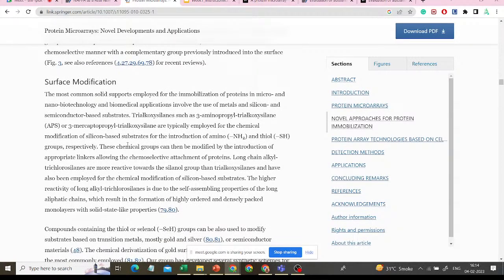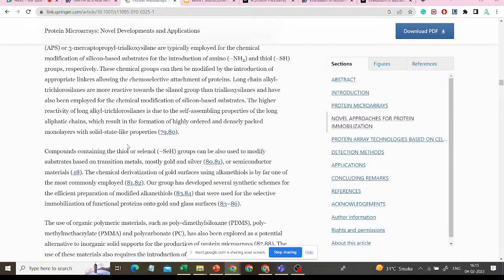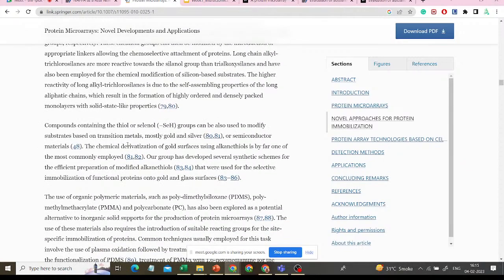If you have modified certain regions of the surfaces, like the introduction of amino and thiol groups respectively on the substrates, then modified appropriate linkers can be more reactive towards those groups. Compounds containing thiol or selenol can be used to modify your substrates.